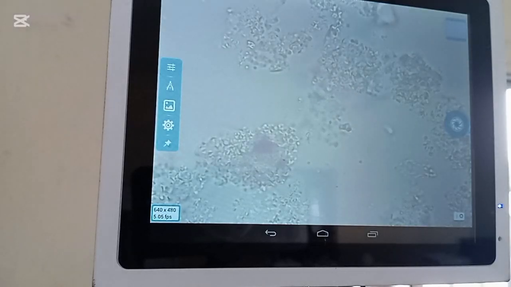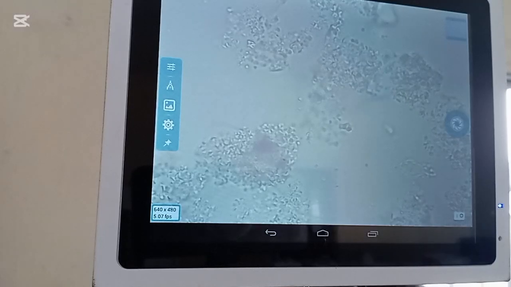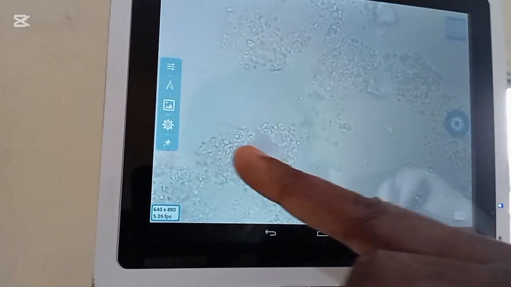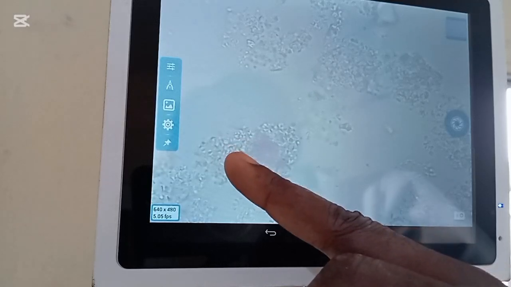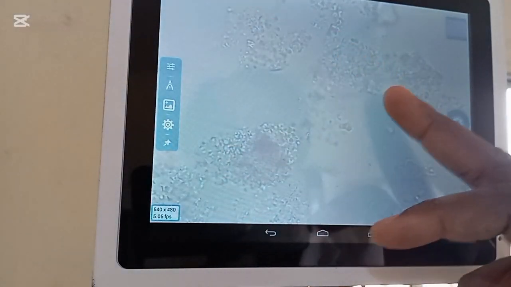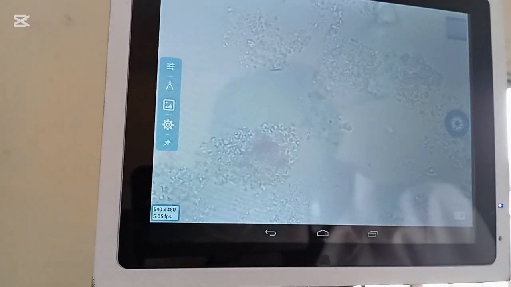So these shiny things you're seeing now are arthroconidia. They are thickened septate hyphae that have separated away from the whole bunch. As you can see, we have clusters of them under the microscope. See a lot of them. So this is how they look under the microscope.